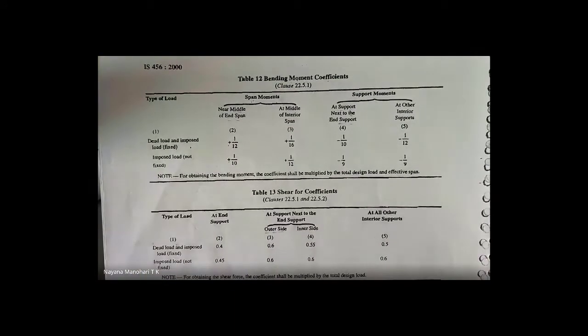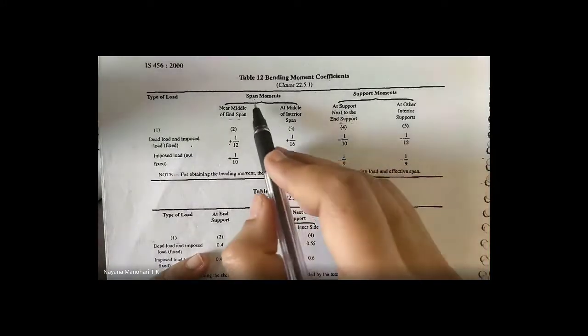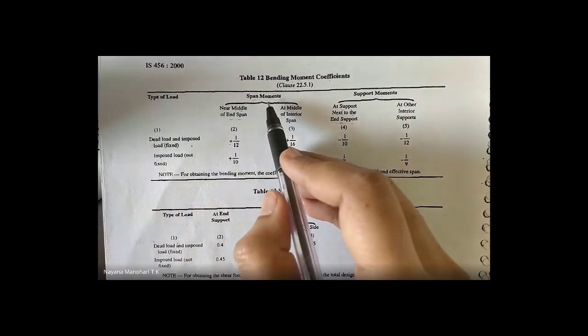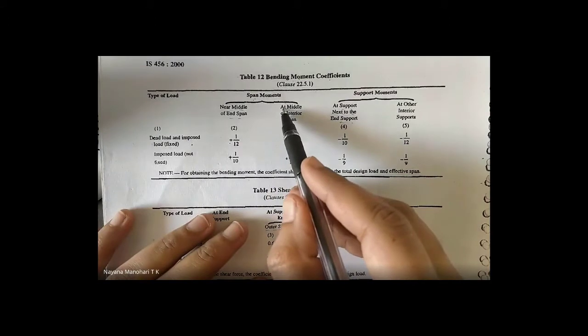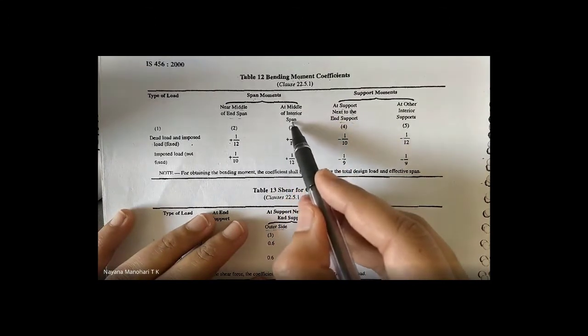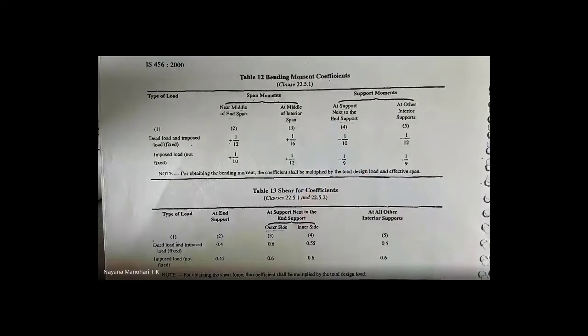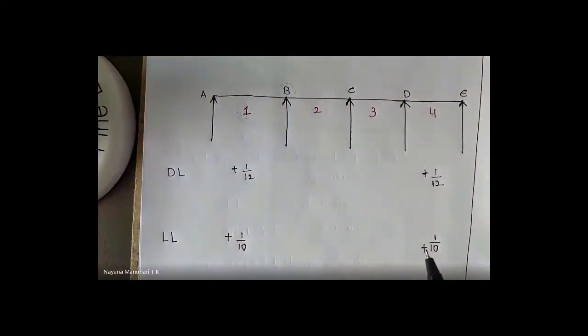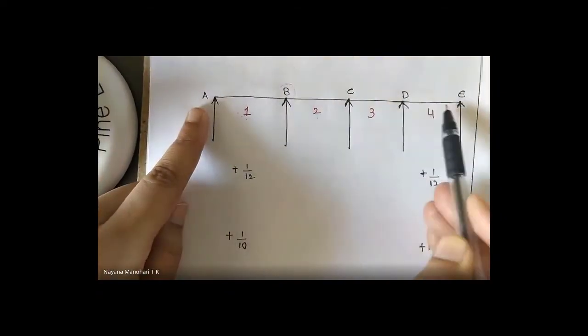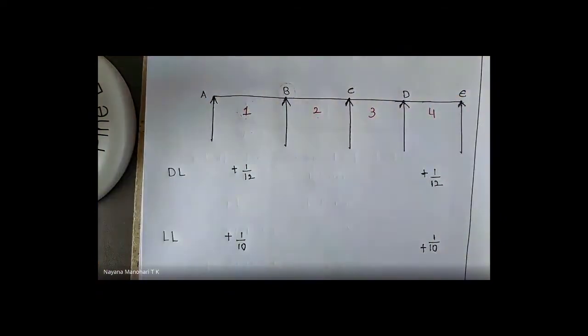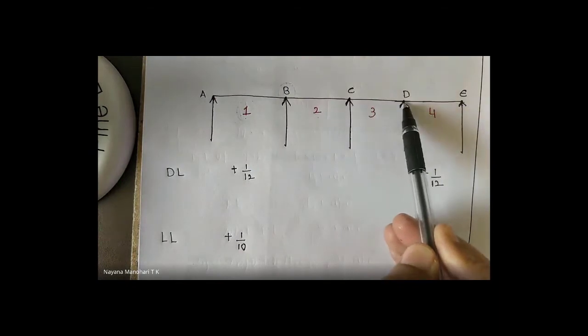Okay. Next, observe in this table. I'm talking about the span moment. Next is at middle of interior span. You need to identify which portions are interior spans. Observe here. AB and DE are the end spans, you understood. BC and CD are your interior spans.